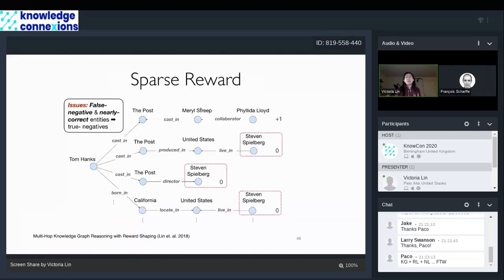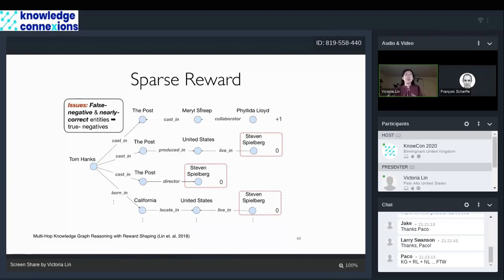So first of all, one thing we notice is a sparse reward problem. Remember at the beginning, we said that because knowledge graphs are incomplete, there are a lot of false negatives in the knowledge graph. For example, if my search path hits Steven Spielberg, but because this is a missing fact in the knowledge graph, I can only get 0 reward.